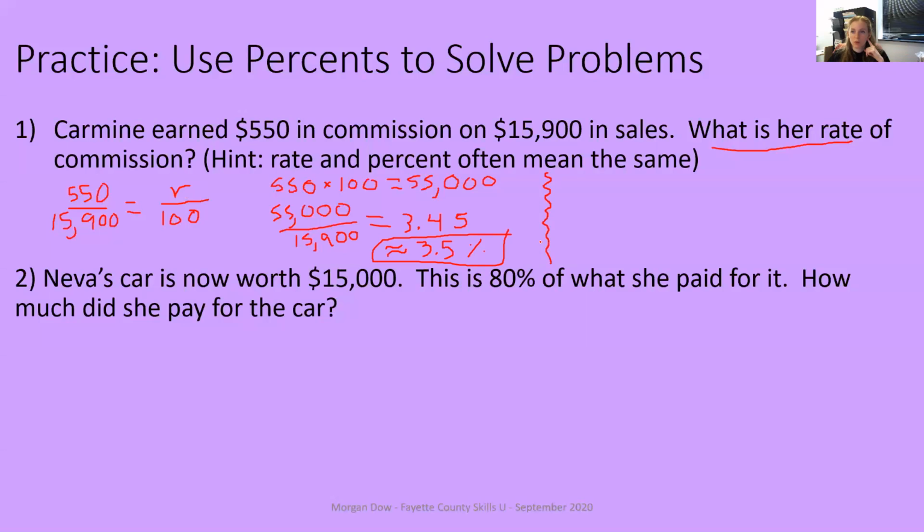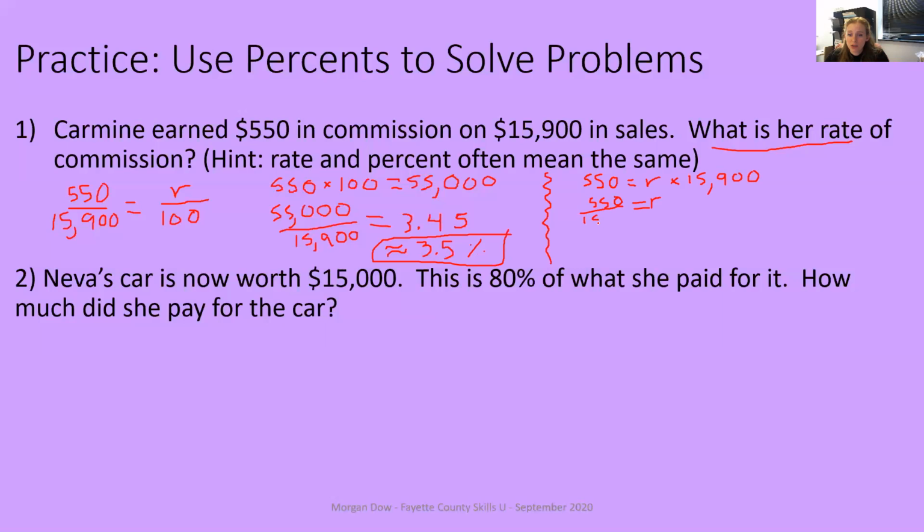Now let's try this with the formula. So the formula says that the part is equal to the rate as a decimal times the whole. So how would we solve for the rate? We would divide. The rate will be the part divided by the whole.